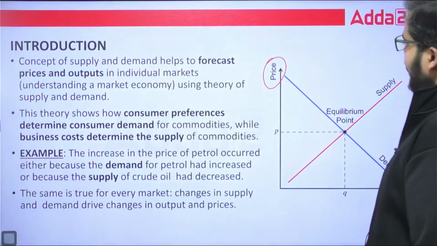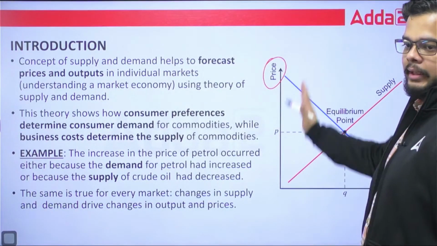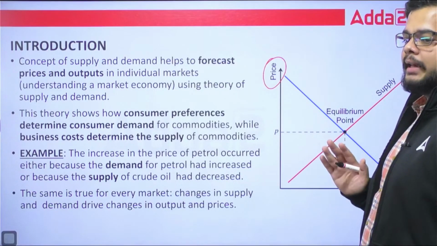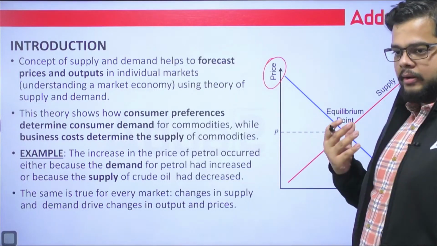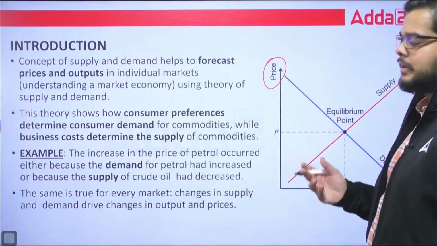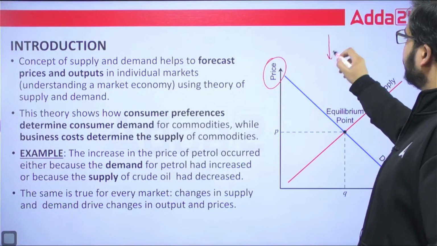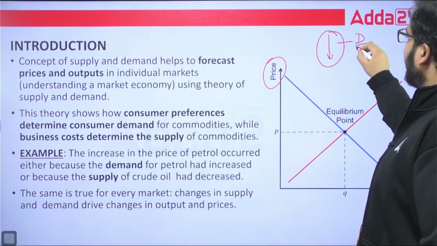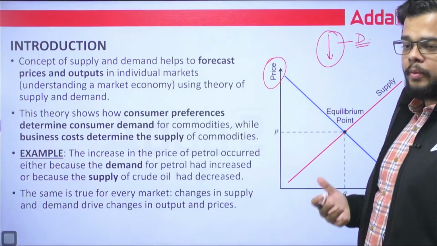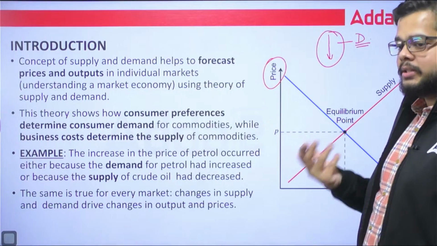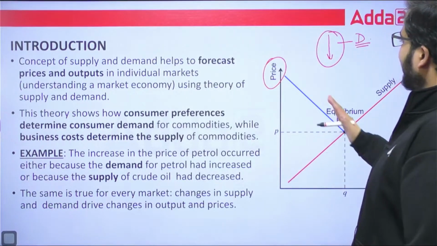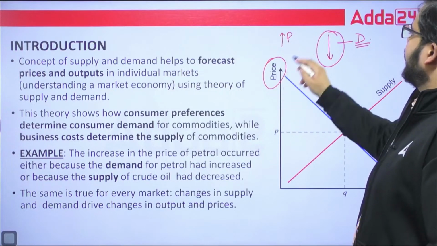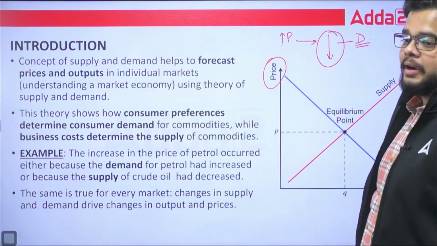So as the price of a particular commodity increases, the natural tendency of demand is to decrease, right? If we apply basic common sense, common logic, then if the prices of a particular commodity are rising, its demand in the market will fall.